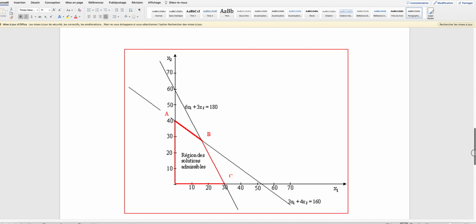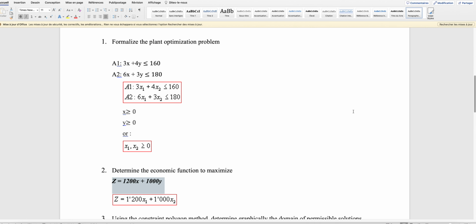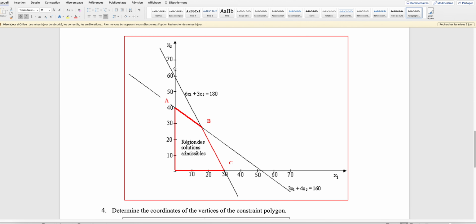Now we consider the constraint of workshop A2 with the equation 6x1 plus 3x2 is equal to 180. Why equal? Because we consider we use all the capacity. So we draw this line for workshop A2. I repeat, 6x1 plus 3x2 is equal to 180 hours. If x1 is equal to 0, we obtain 3x2 equal to 180.